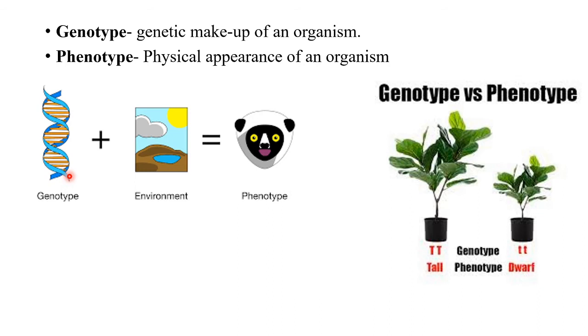Phenotype is determined not only by the genotype but also by the interaction between genotype and the environment. The interaction between genotype and environment creates the observable character, that is the phenotype.